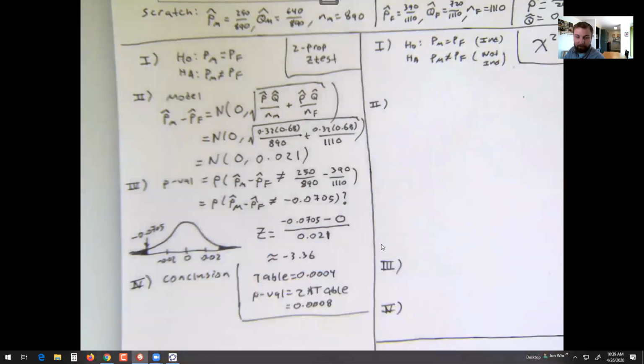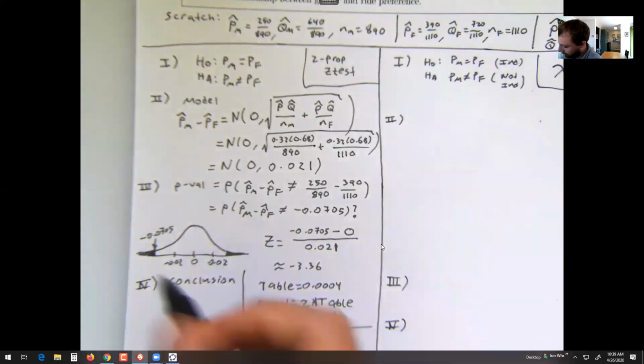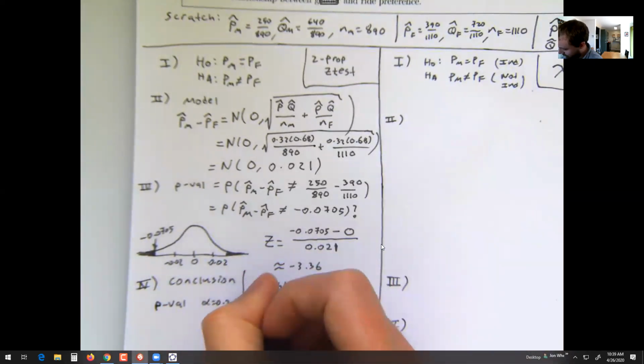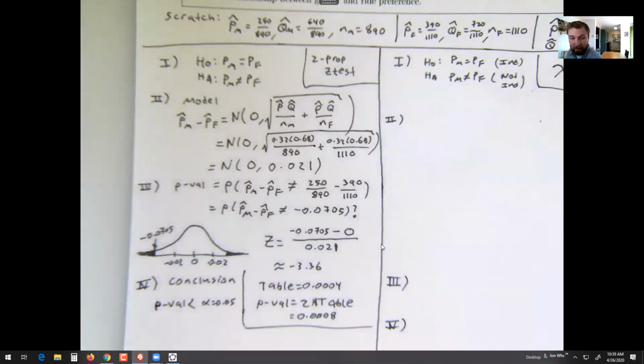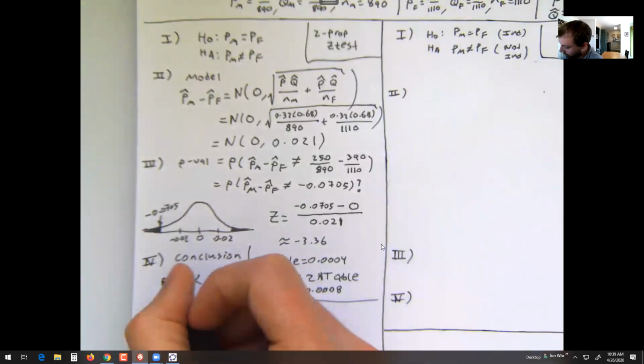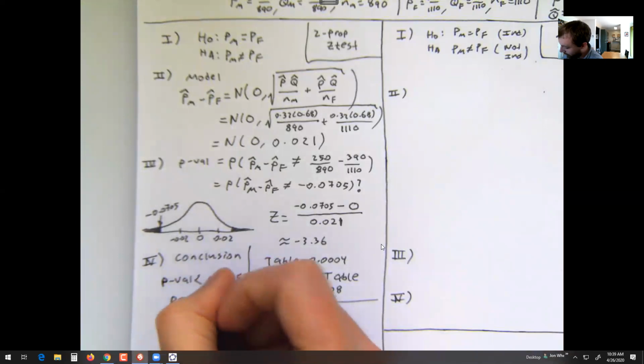If I use an alpha level of 5%, this p-value is smaller than that. If the p-value is low, the null must go, so I would reject the null hypothesis.